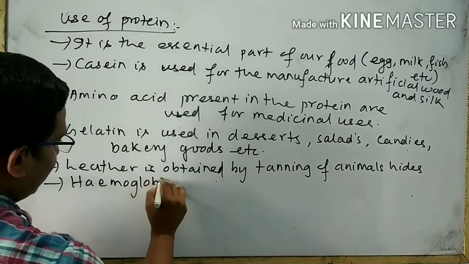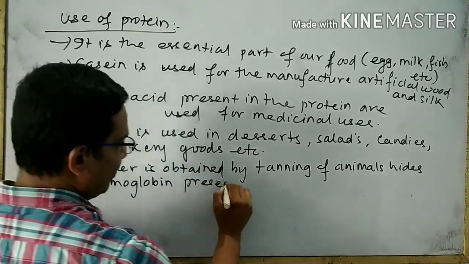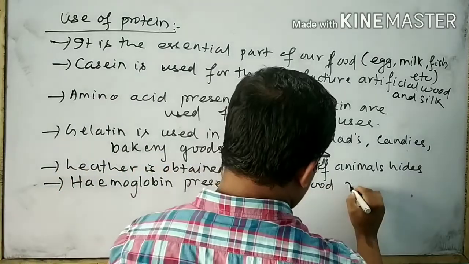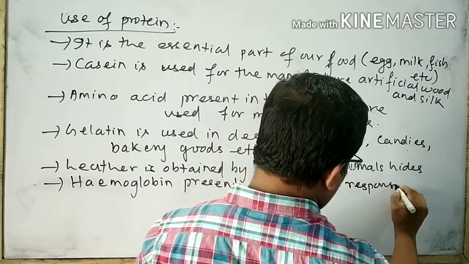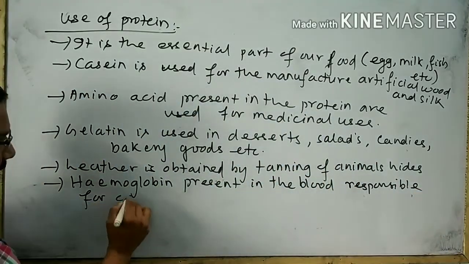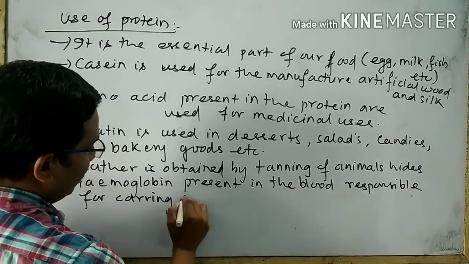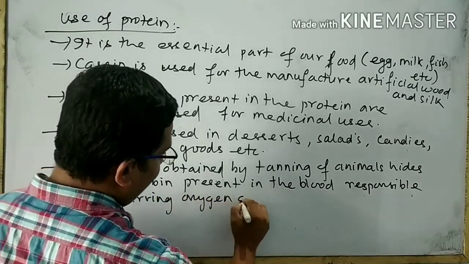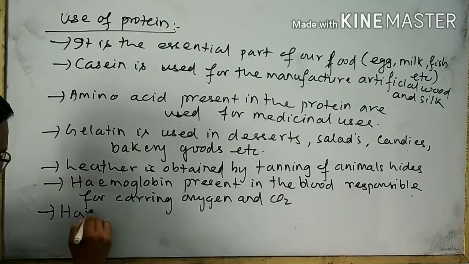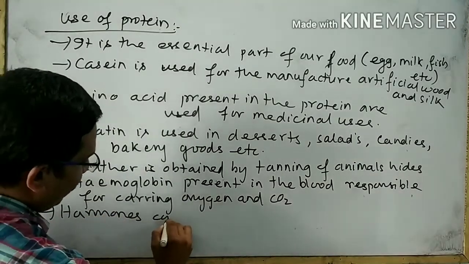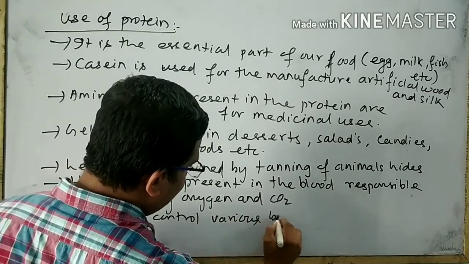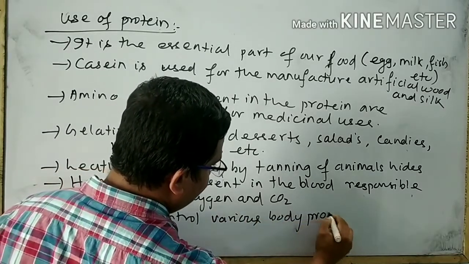Hemoglobin present in the blood is responsible for carrying oxygen and carbon dioxide. Hormones control various body processes.